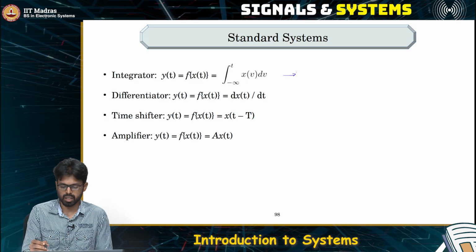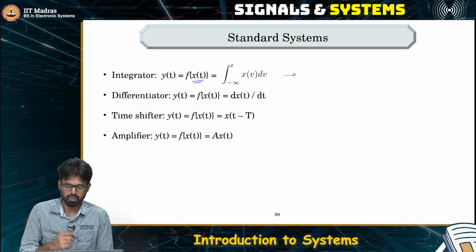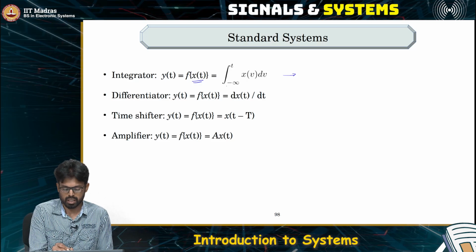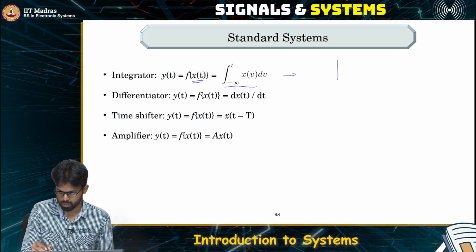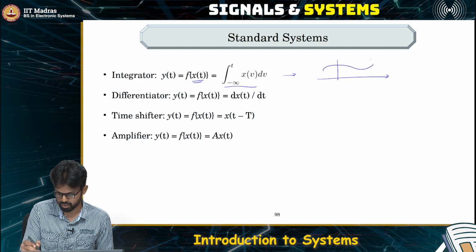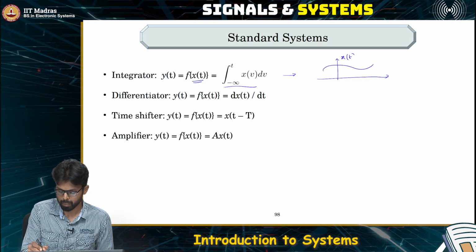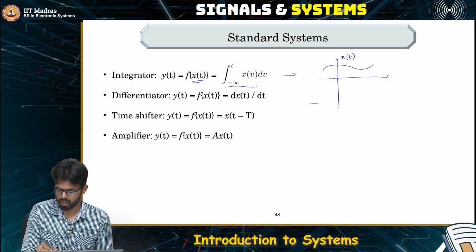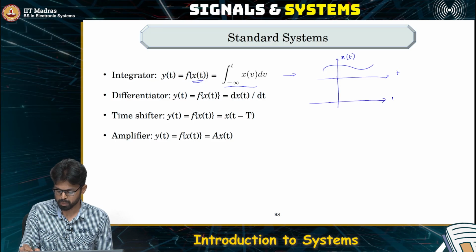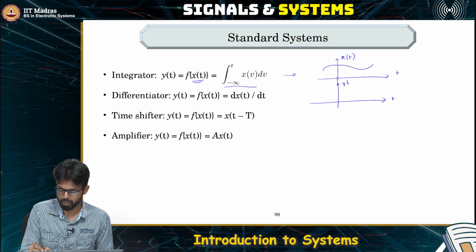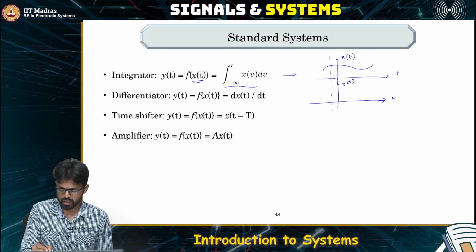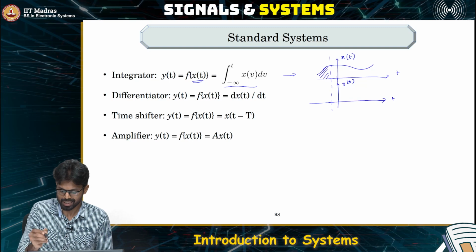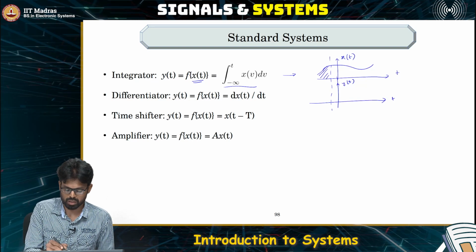So what is basically an integrator? If you feed in an input x of t, the output is the integral of whatever is fed as the input. Let's say the function x of t is the input, then the output of this system at every point would be the area of the input till that point. That's what this integration means.